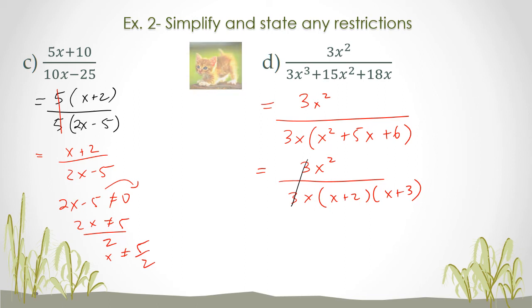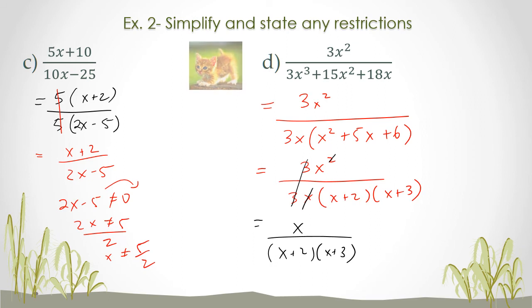When you divide, remember you subtract the exponents. So I have an x squared on top with an x on the bottom. 2 minus 1 is 1. Another way to look at that is I have 2 on top and 1 on the bottom, which just leaves me with 1 on top. So all I'm left with is x over x plus 2, x plus 3.